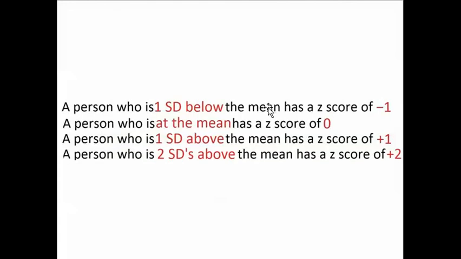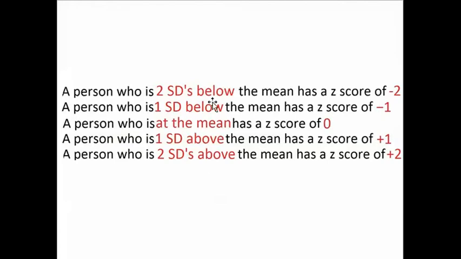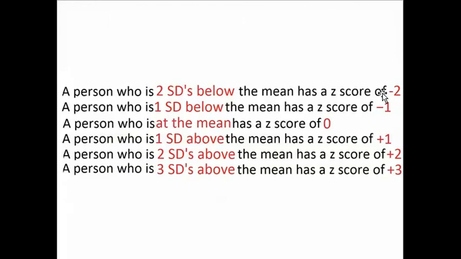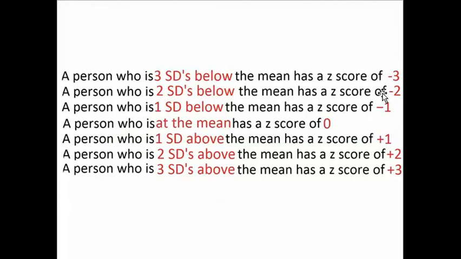A person who falls 2 standard deviations above the mean has a z-score of +2. A person who falls 2 standard deviations below the mean has a z-score of -2. And you could probably guess that a person who falls 3 standard deviations above the mean has a z-score of +3, and a person who falls 3 standard deviations below the mean has a z-score of -3.